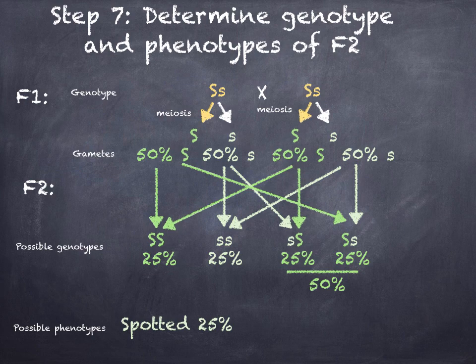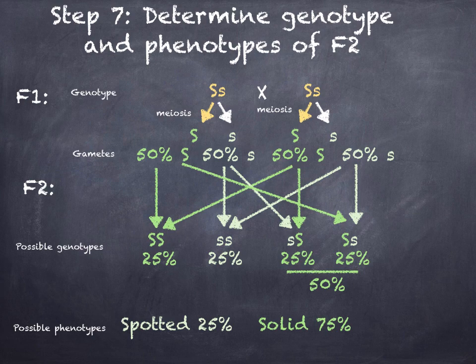However, all the ones that carry at least one big S allele, or one allele encoding for the solid pattern, will show the solid pattern trait. So it will give you 75% of solid colored cows in the F2 individuals, and these result from the addition of the homozygous solid and the heterozygous solid and spotted individuals.